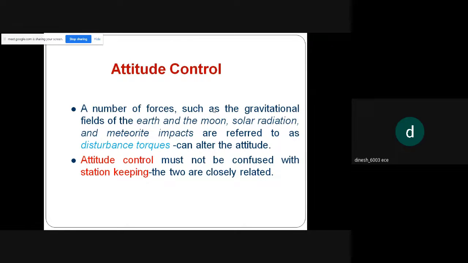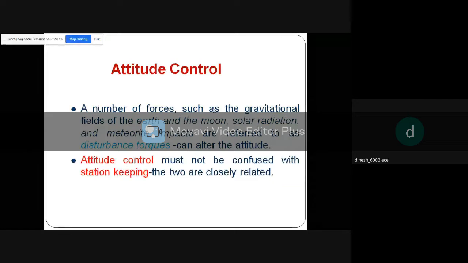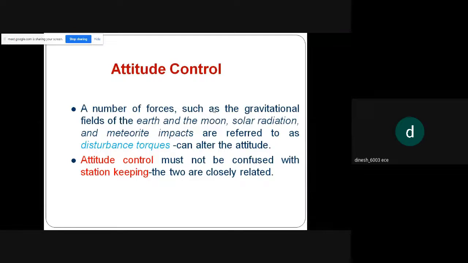In attitude control, a number of forces such as gravitational fields of the Earth and the Moon, solar radiation, and meteorite impacts are referred to as disturbance torques that can alter the attitude.